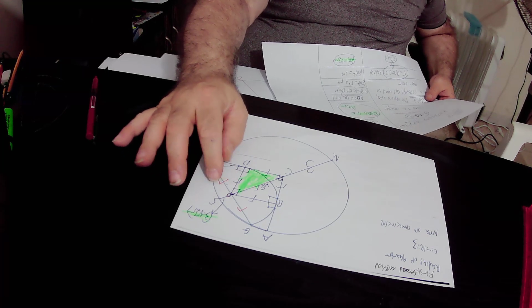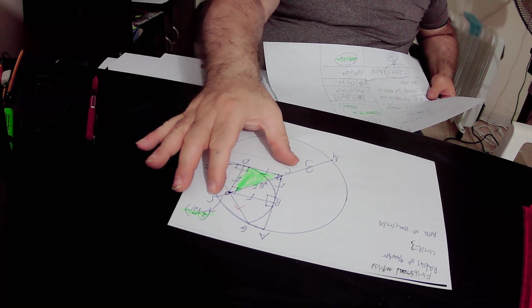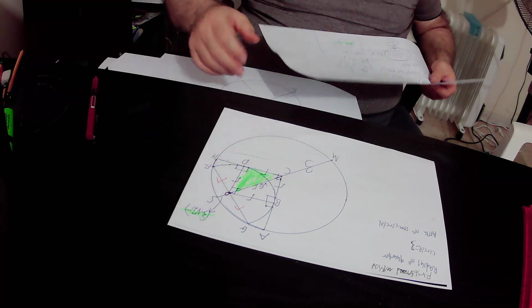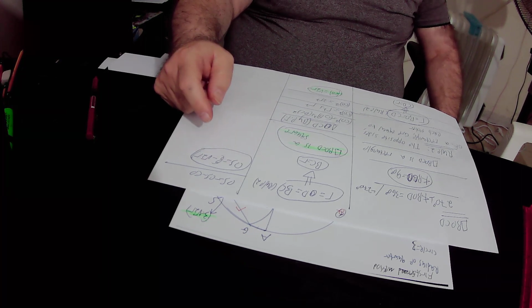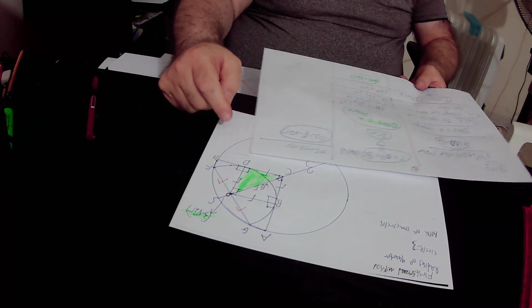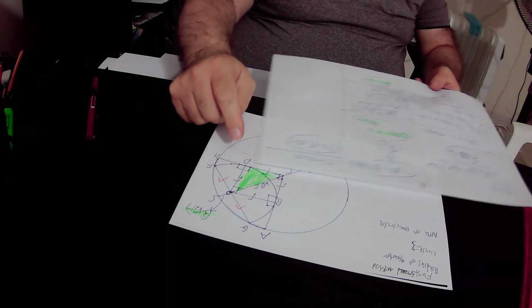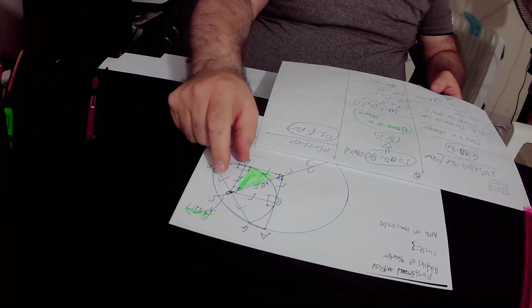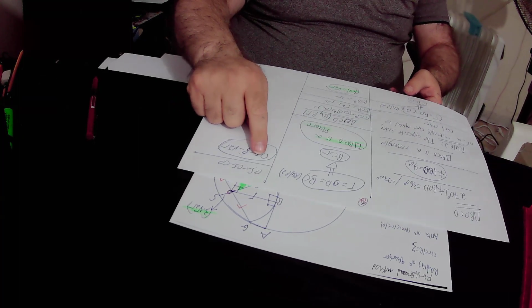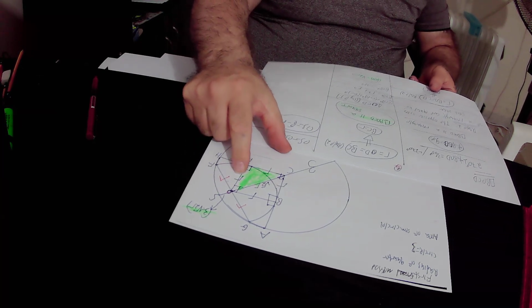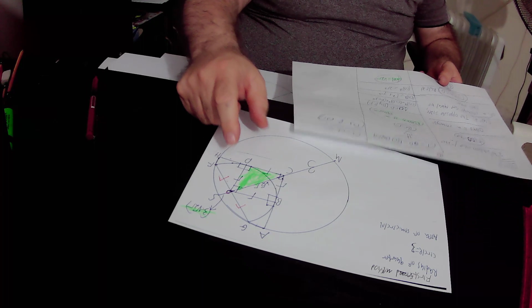It is very easy to see from the drawing that SO equals SC minus OC. Again, OS equals SC minus CO.